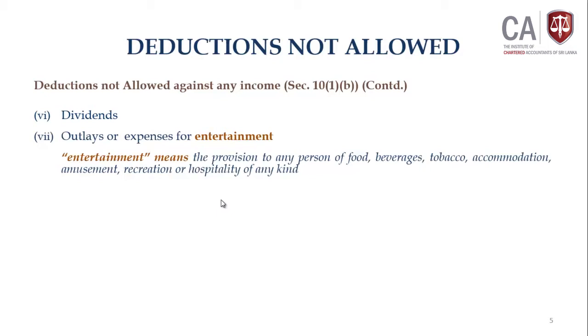Under section 195, the interpretation section, entertainment means the provision to any person of any food, beverages, tobacco, accommodation, amusement, recreation or hospitality of any kind. So, it is a very broad definition.